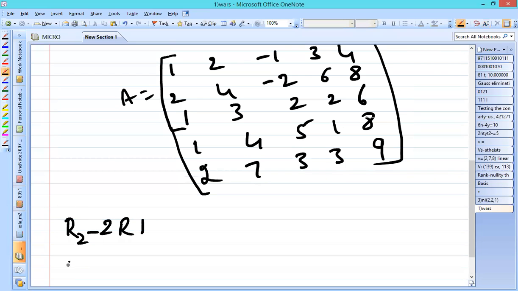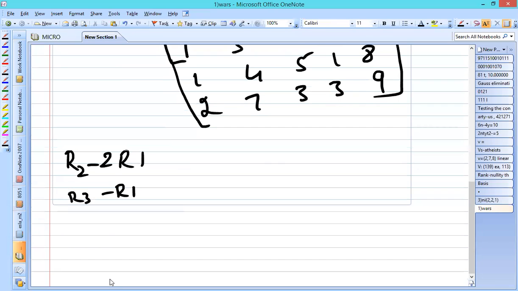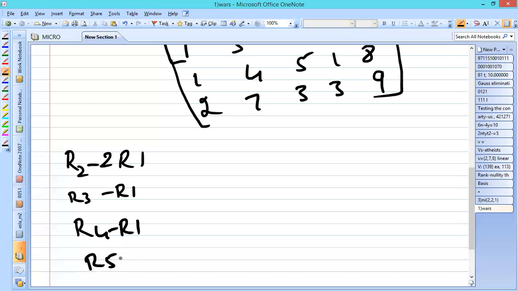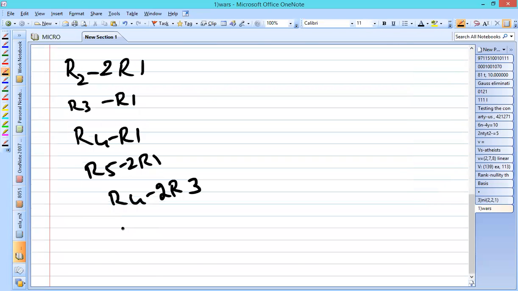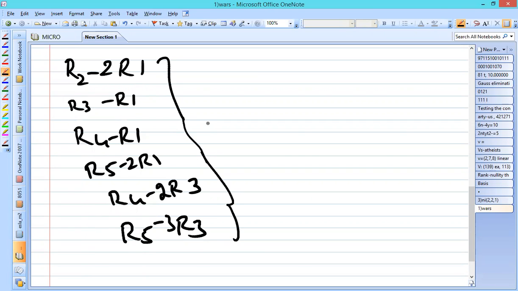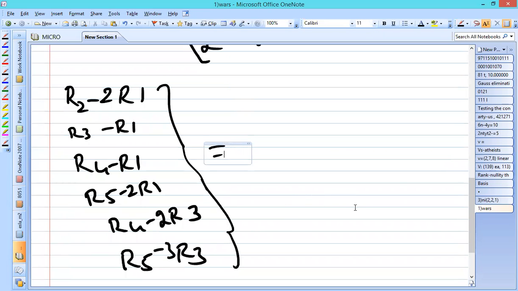R2 minus 2R1, R3 minus R1, R4 minus R1, R5 minus 2R1, and after that, once again, R4 minus 2R3, R5 minus 3R3. If you perform all these operations, you have to go on observing the elements of the given matrix and work it out.